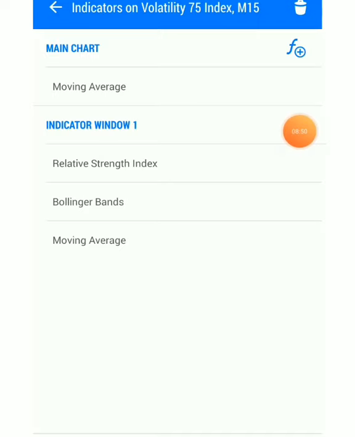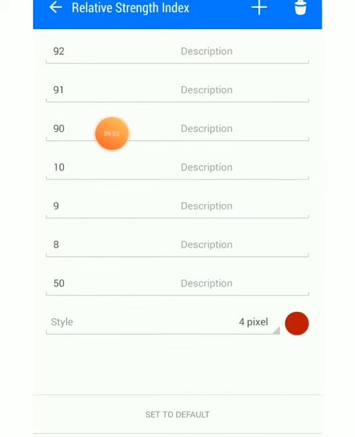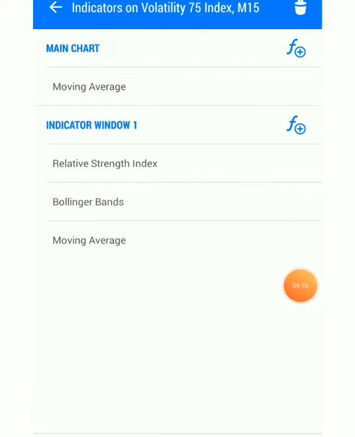We have the relative strength index, 14, typical price, 1 pixel, make it black. Since my background is black, I made it black. Then our levels: we have 92, 91, 90, 10, 9, 8, and 50. Make your color red. Okay, you click done.